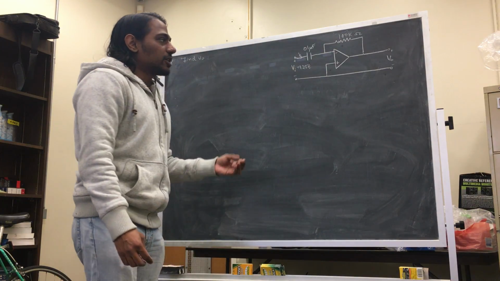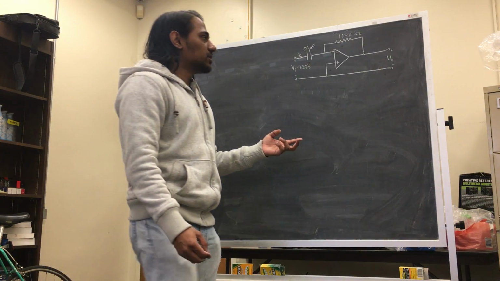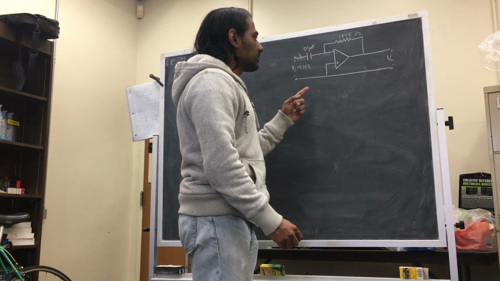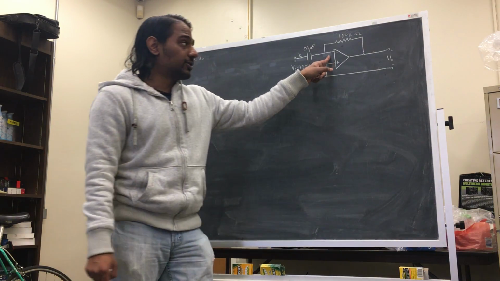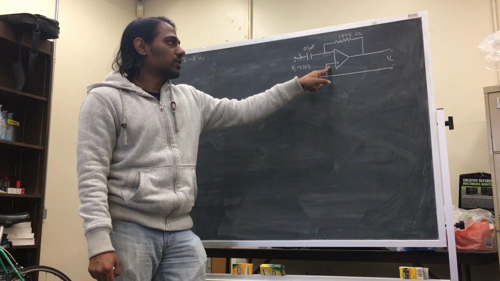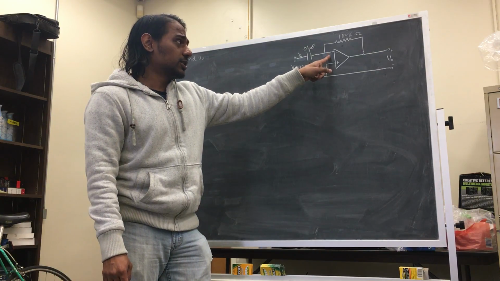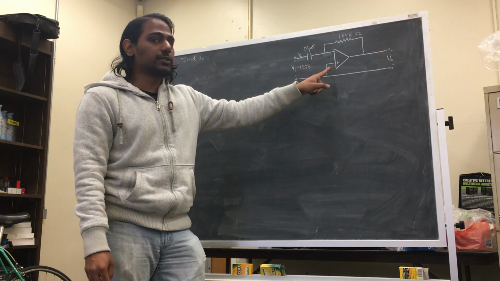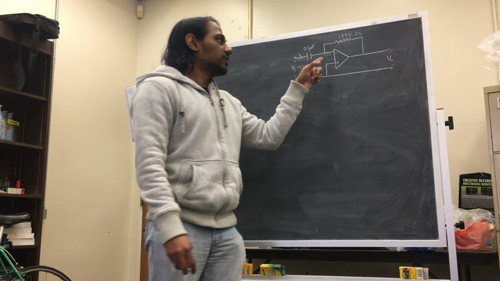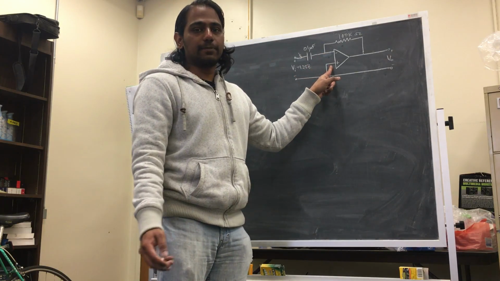So for an ideal op-amp, all you have to remember is there's no current flowing into the op-amp. The currents flowing through the inverting and non-inverting terminals are 0, and the voltages across them are the same.